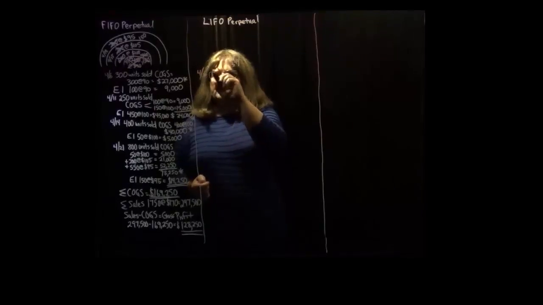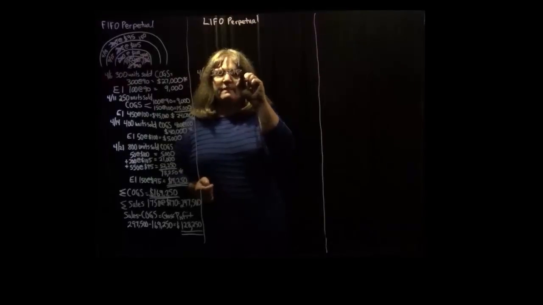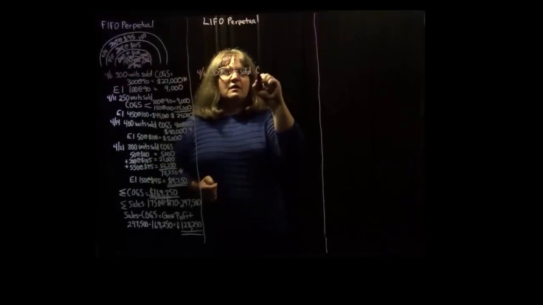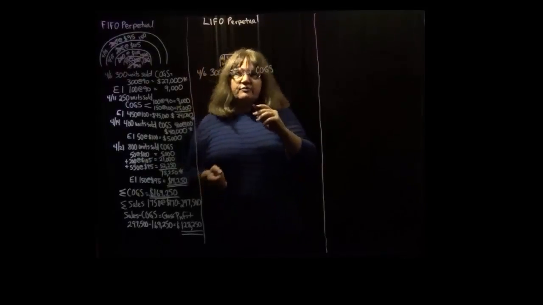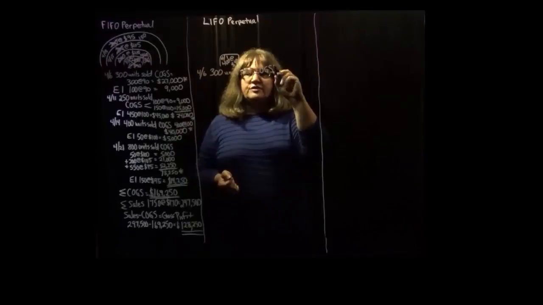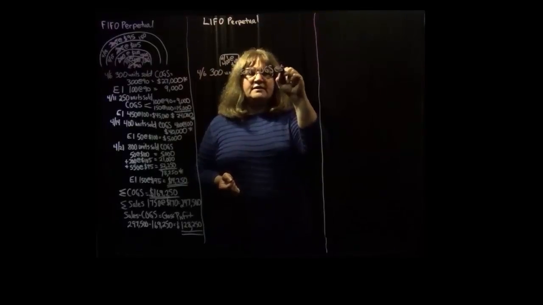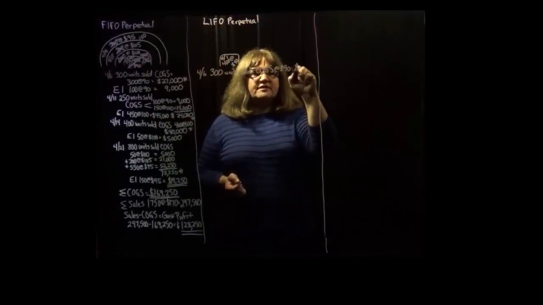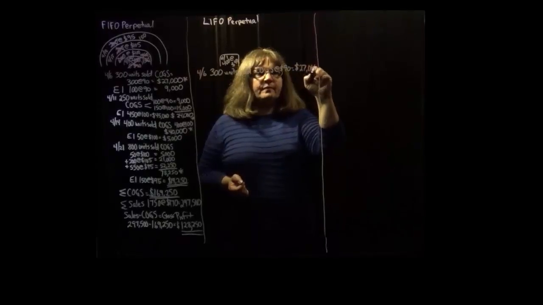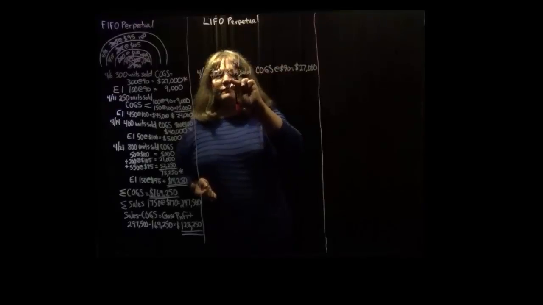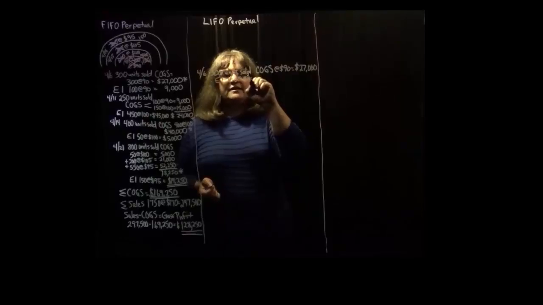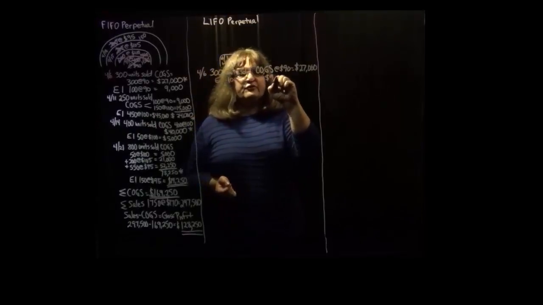So on April 6th again, when we sell 300 units, our cost of goods sold had to come from that bottom layer because that's the only layer we had at that point. And so we take 300 units at 90 to get 27,000. And the ending inventory is the 100 units that we still have left at 90 for a total of 9,000.